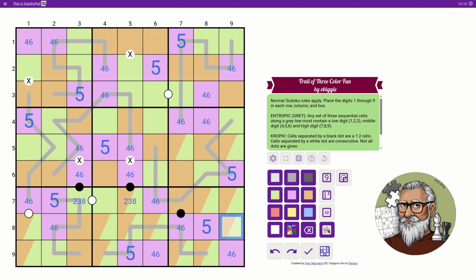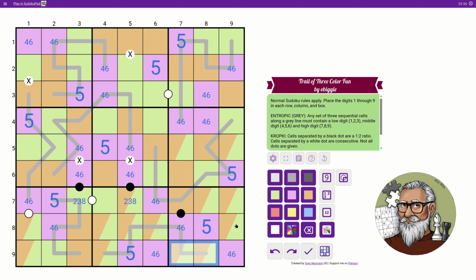Good one. How am I going to disambiguate this? Oh, that's one of each. So this one is, no. That's one of each, so we don't know what's going on.